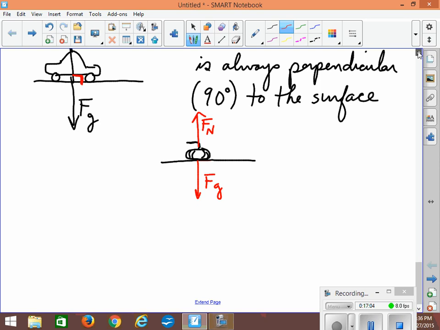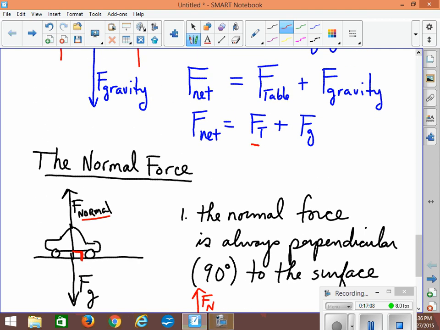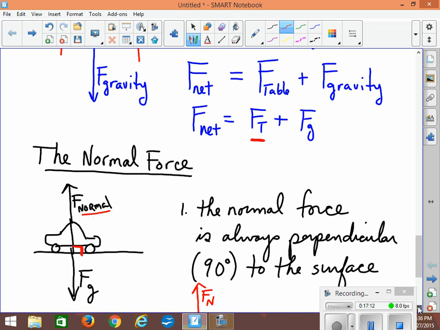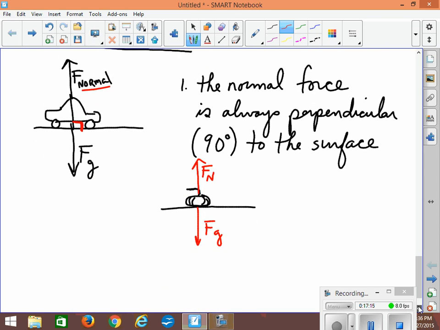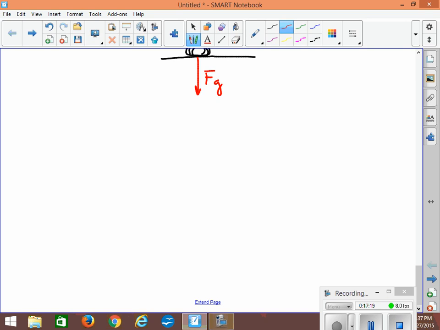So if we go back to our little equation that we wrote right here, instead of the force of the table, what we could write instead is just the normal force, which means whatever it is in the question. It doesn't have to be a table, it could be the ground. So our new equation would be F net now equals the force of the normal, right? The normal force, which would be the table pushing up, plus the force of gravity.